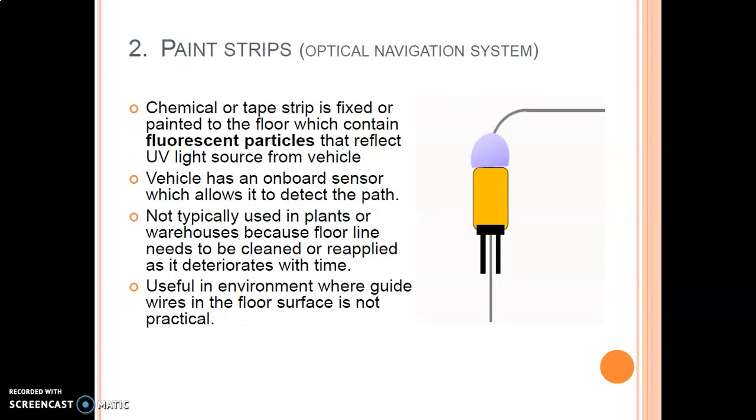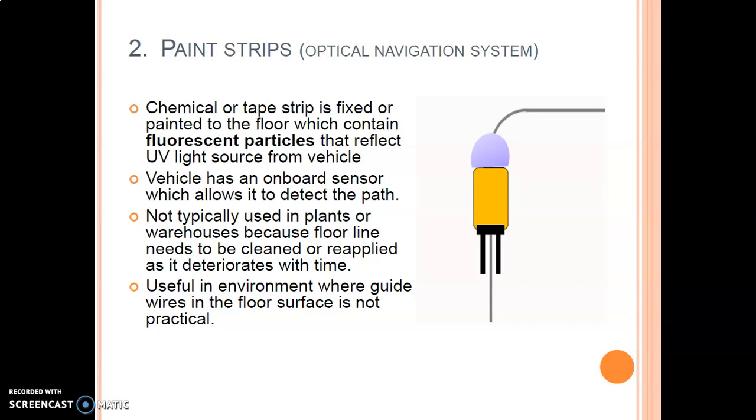Second is the paint strip optical navigation system. A chemical or tape strip is fixed or painted on the floor, which contains fluorescent particles that reflect a UV light source from the vehicle. The vehicle has an onboard sensor which allows it to detect the path.